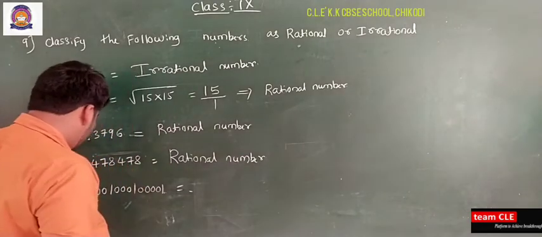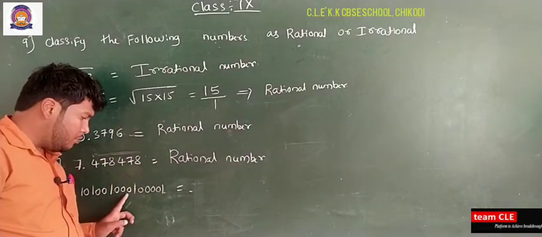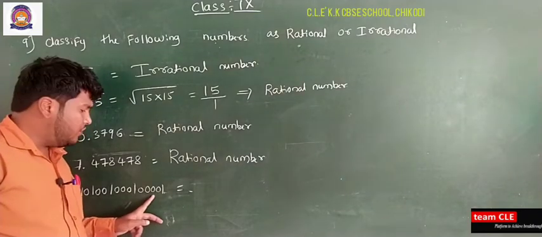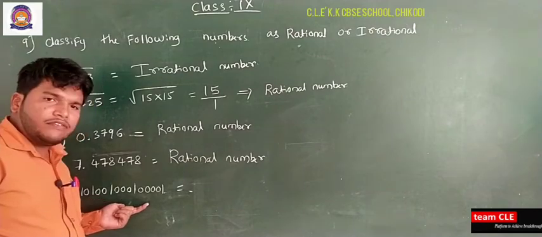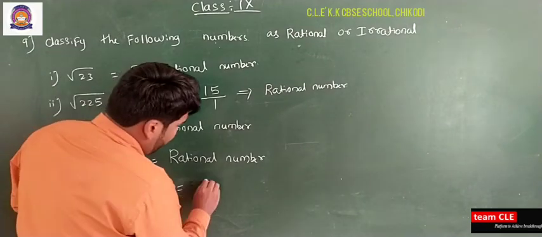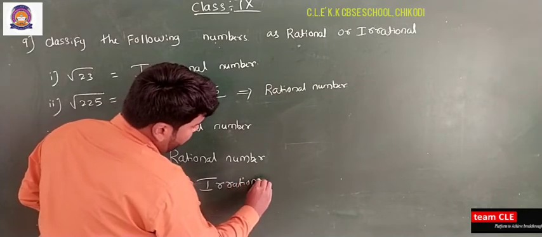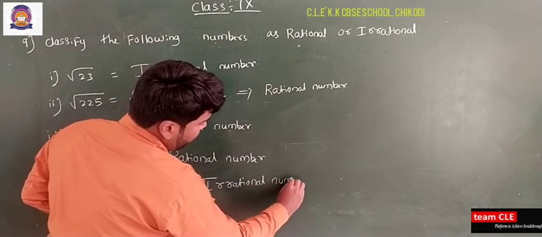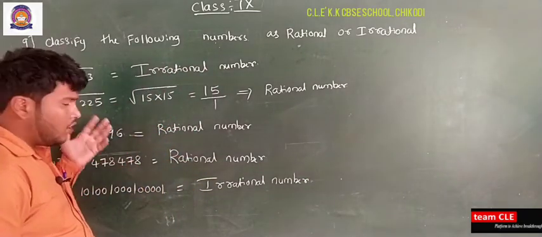And lastly, it is 1.10100100, which is non-terminating and non-repeating, hence it is an irrational number. All of you just go through these problems.